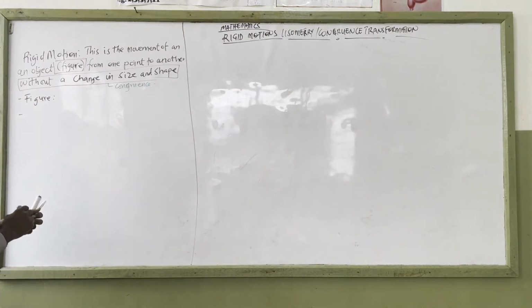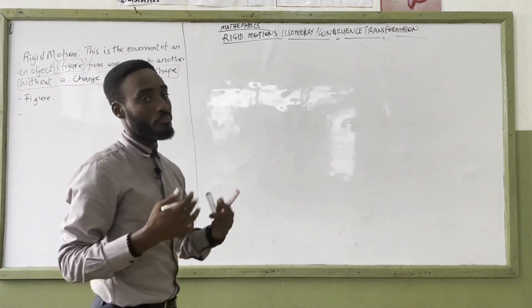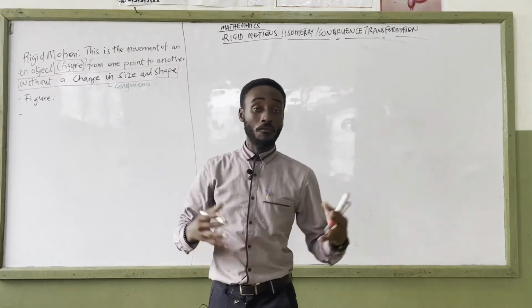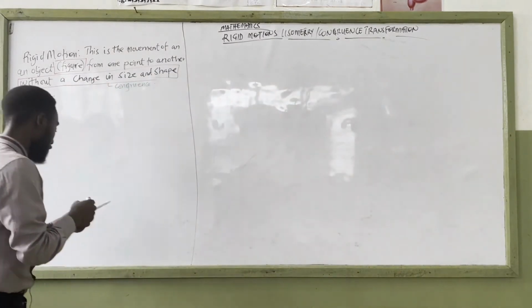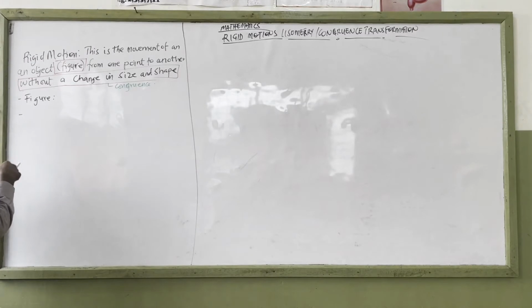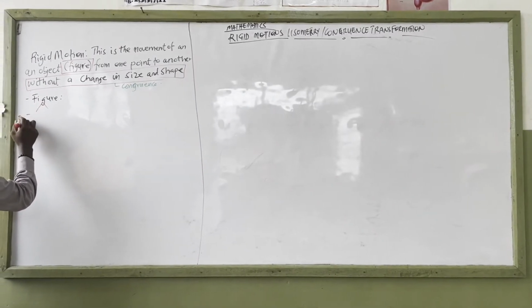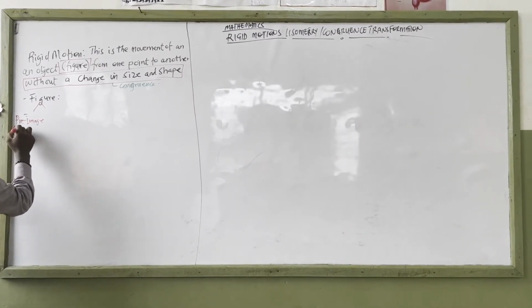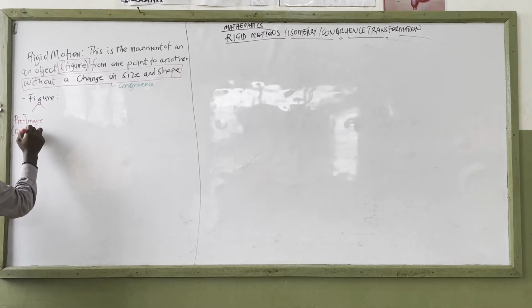So the figure would be in two forms. We have what we call the pre-image, also called the original figure, or it could also be referred to as the object.